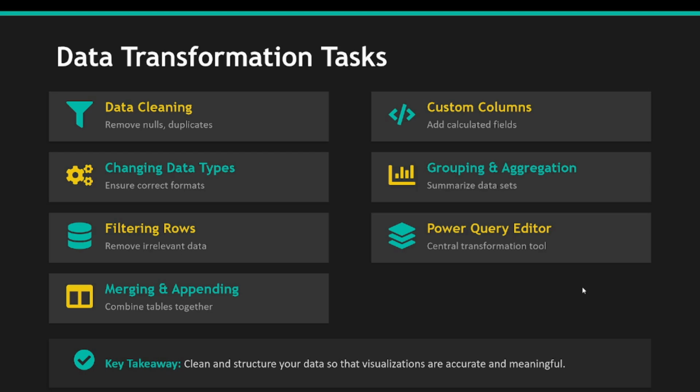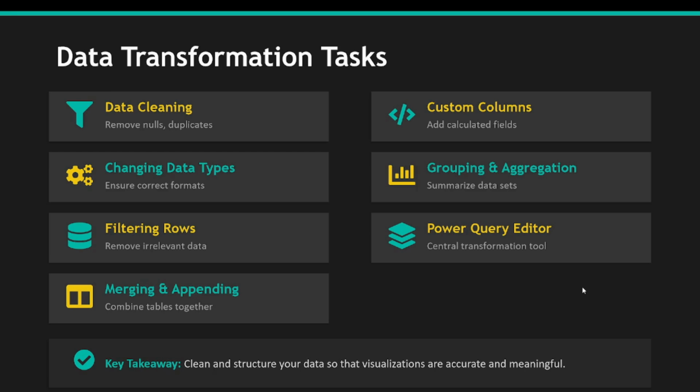Merging allows you to combine two tables horizontally based on a common key column, similar to a SQL join, bringing related columns together into one unified table. Appending allows you to stack two or more tables on top of each other vertically, combining rows from multiple tables that have the same structure, such as sales data from different months or regions.